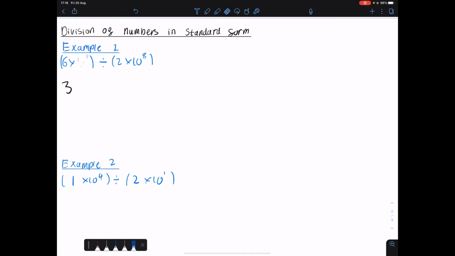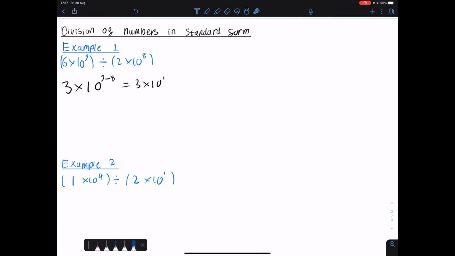So what is 10 to the power of 9 divided by 10 to the power of 8? Well, if you just remember our laws of indices, we just need to subtract these powers. So we get 10 to the power of 9 take 8, which just gives our final answer as 3 times 10 to the power of 1.